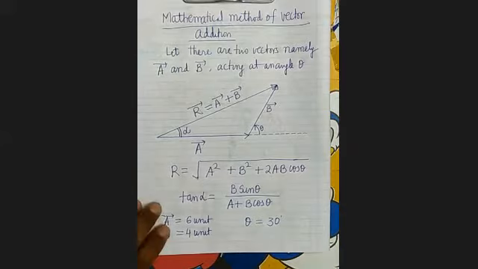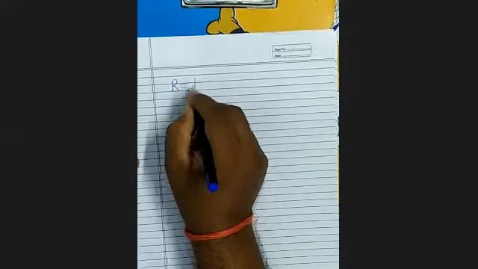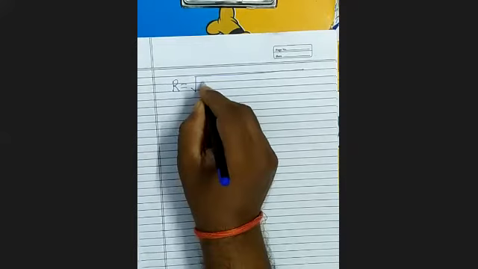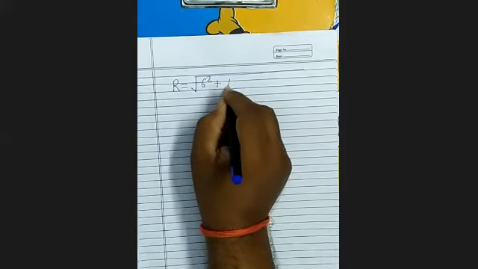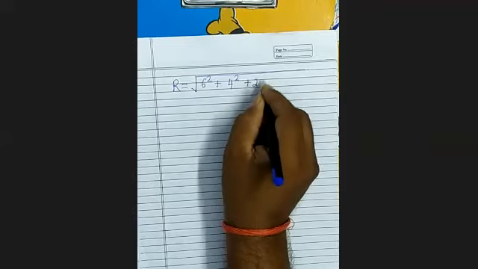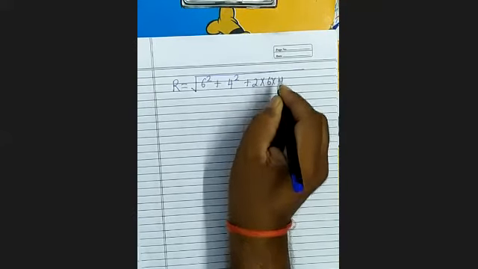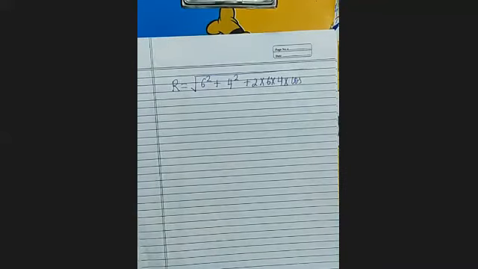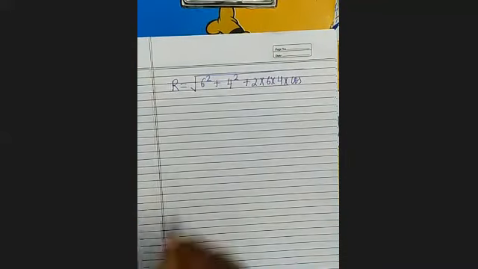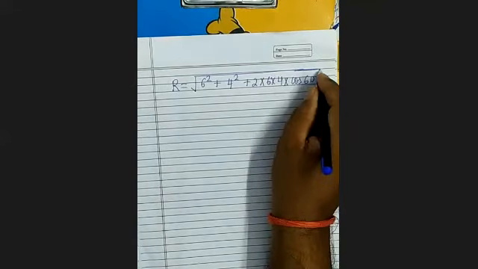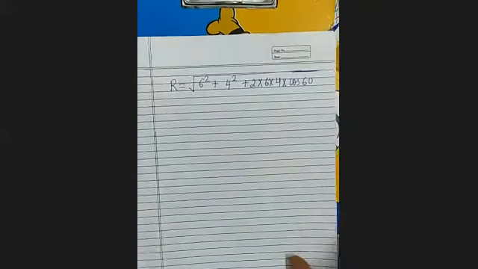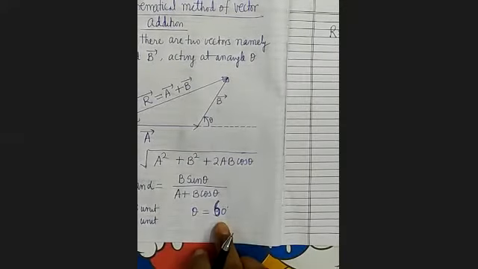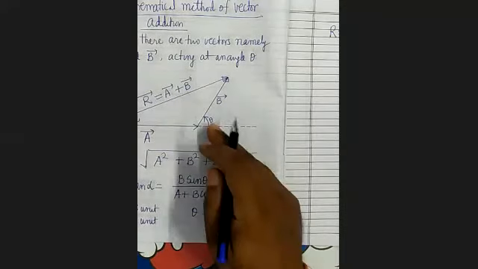Now I will do it mathematically. The magnitude of the resultant vector is the square root of 6 square plus 4 square plus 2 into 6 into 4 into cos 60 degree. Here I have taken the angle as 60 degrees because we do not have a calculator right now. It's clear, this angle is 60 degrees.